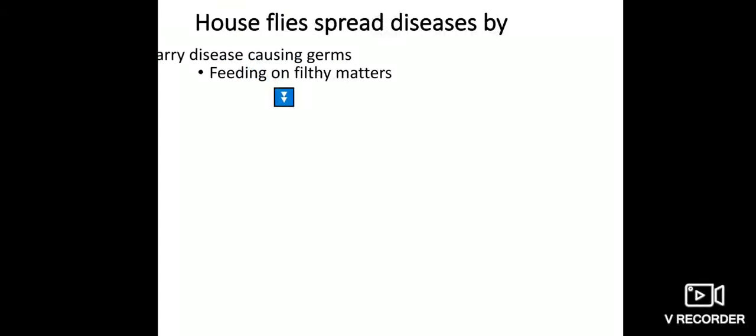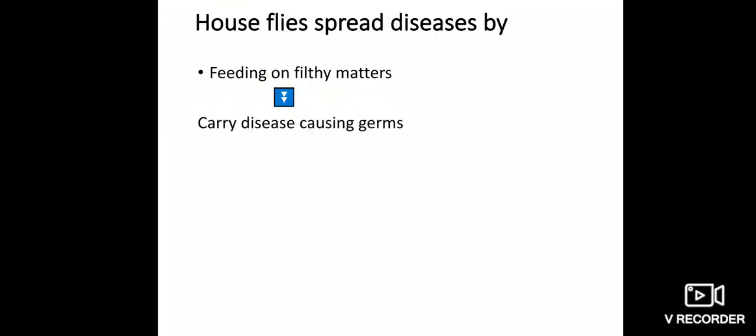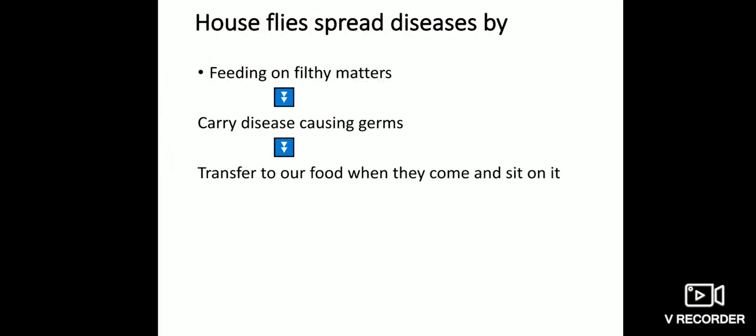Now let us see how the houseflies spread diseases. First, they feed on filthy matter. After feeding on filthy matter, they carry disease-causing germs on their wings and legs, and when they go and sit on our food items, they transfer these disease-causing germs to our food.